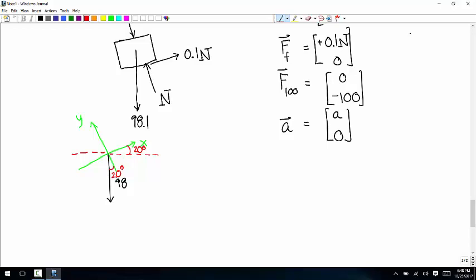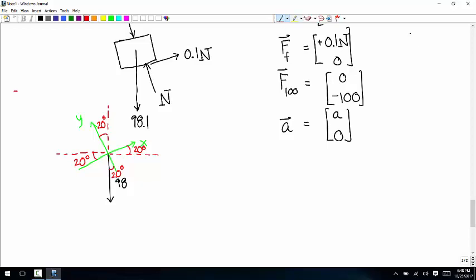So if I drew all these verticals and all these horizontals, this is now 20, this is now 20.